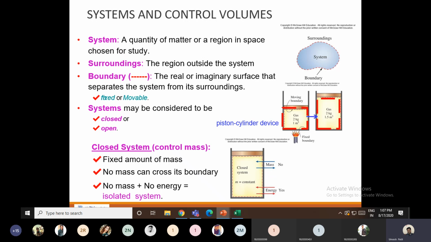If you take the example of a pressure cooker, the pressure cooker is our system. If you take the example of a refrigerator, then the total refrigerator is our system. So a quantity of matter or a region in space chosen for study is the system. And anything outside the system is its surrounding.